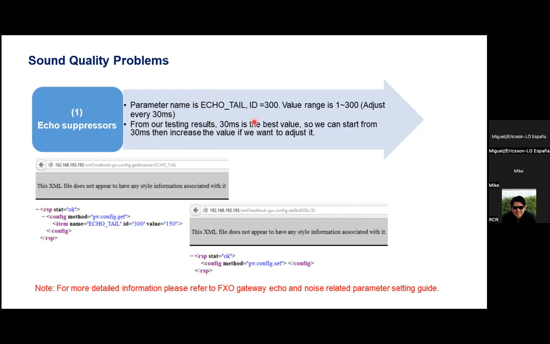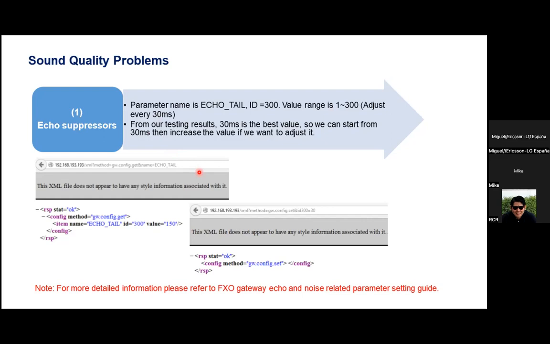You can set values from 1 to 300, adjusting every 30 milliseconds. We can start from 30, increase a little bit, and so on. This parameter also helps.